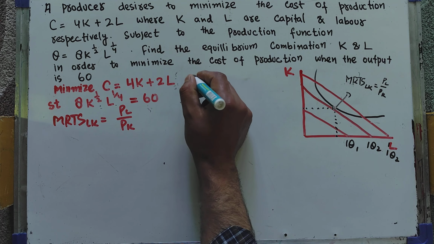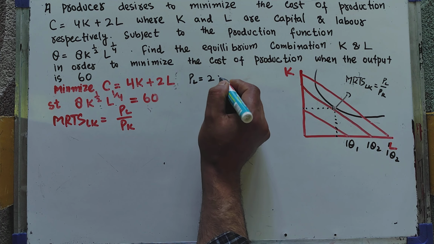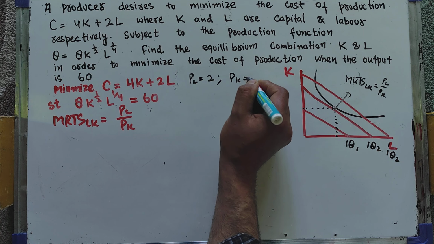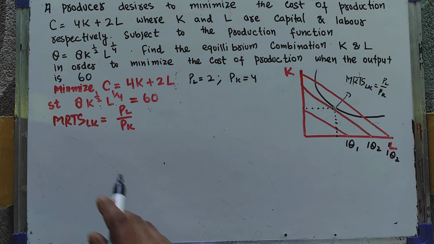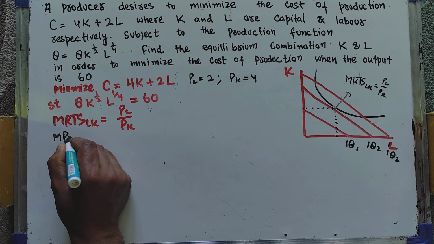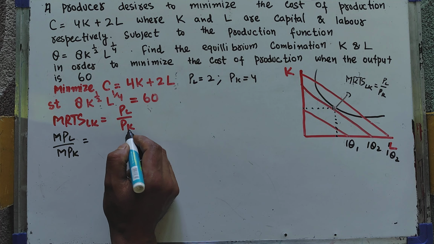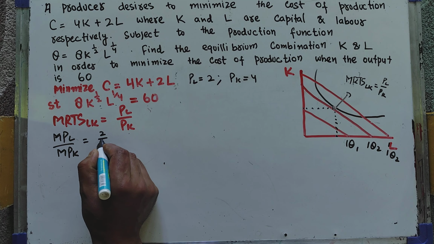Now what is the price of labor? Price of labor is 2, price of capital is 4. The marginal rate of technical substitution is simply the ratio of the marginal product of labor and marginal product of capital, and it should be equal to PL upon PK, 2 upon 4.